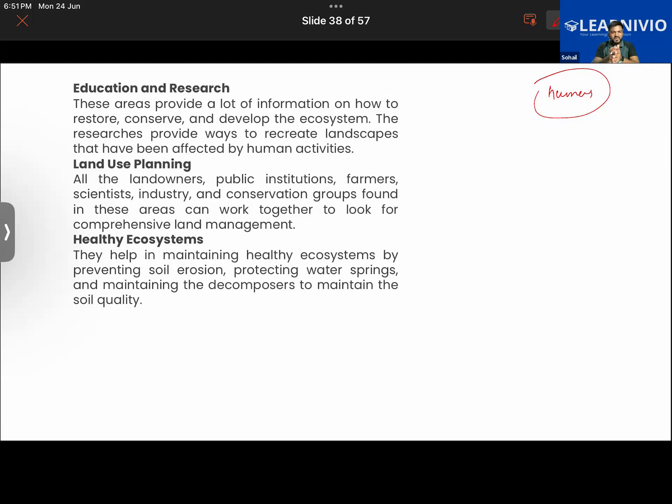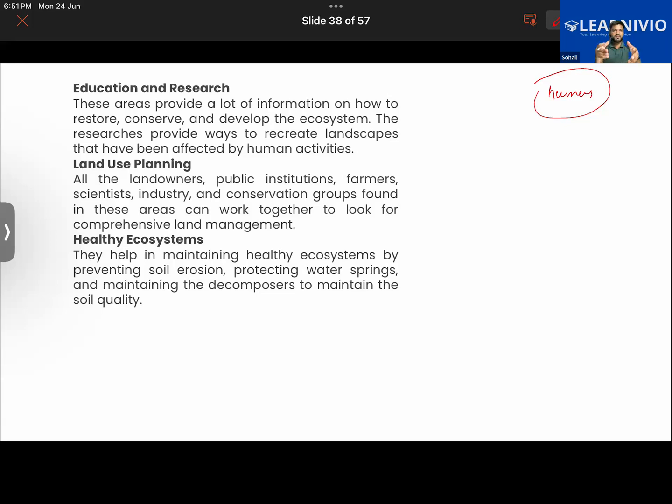But due to deforestation, what happens? When you have cut down the trees, soil erosion is going to take place. Furthermore, the physical property of the soil will change and it will become less fertile. Its nutrient content is going to decrease, its texture will change.